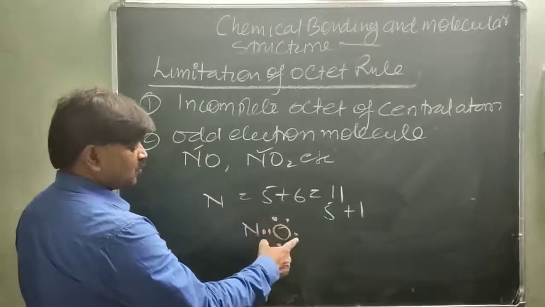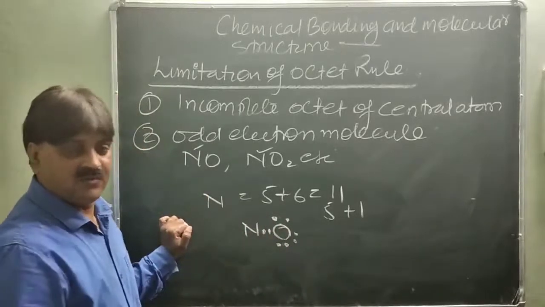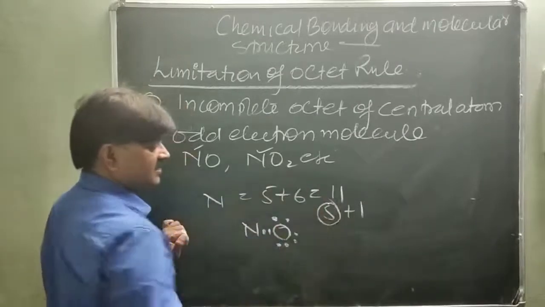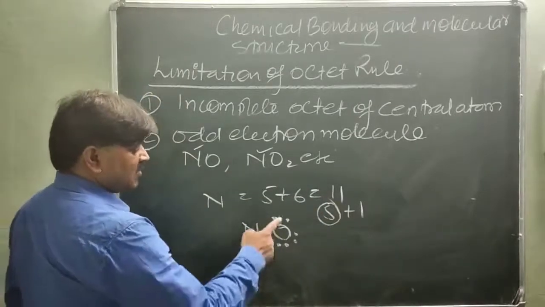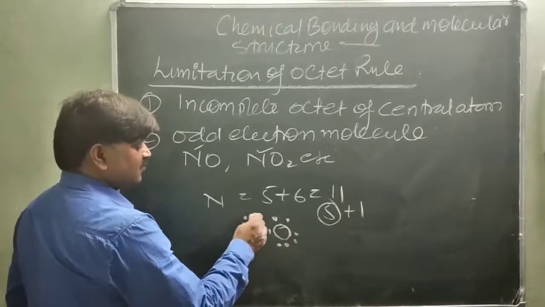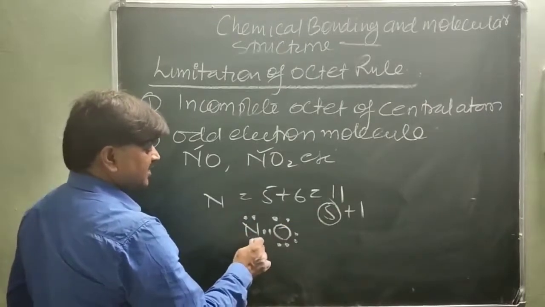So 1 lone pair, 2, 3 and 4 lone pairs of electrons have already been engaged out of 5 lone pairs, and now oxygen has completed 2, 4, 6, 8. Now nitrogen has one lone pair of electrons and one more electron.